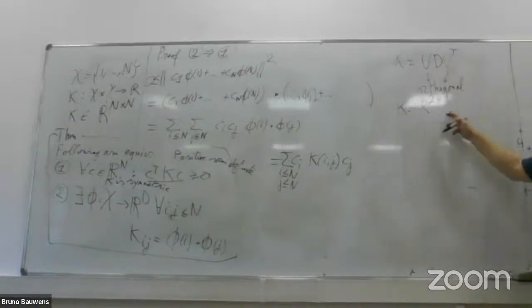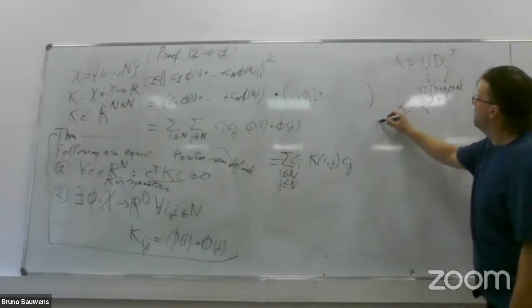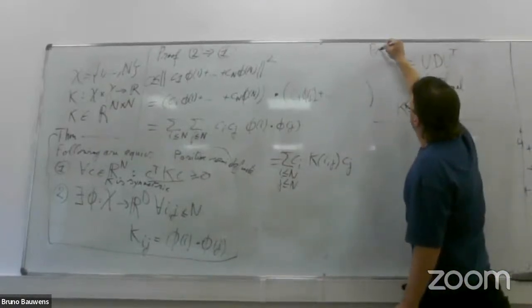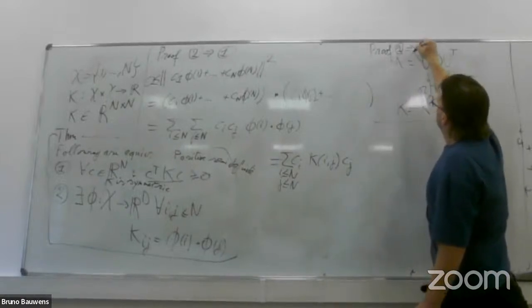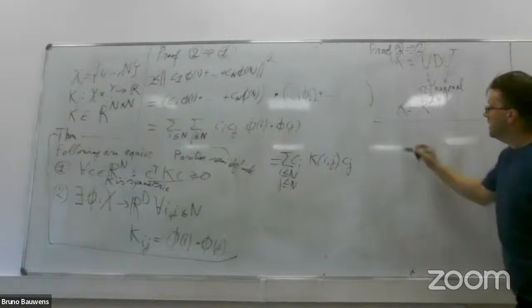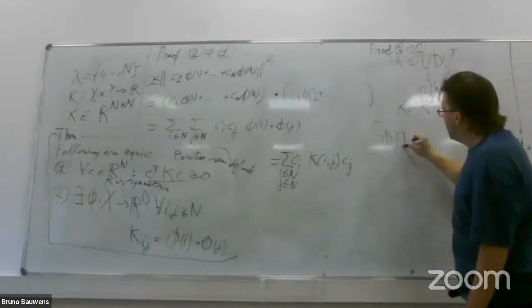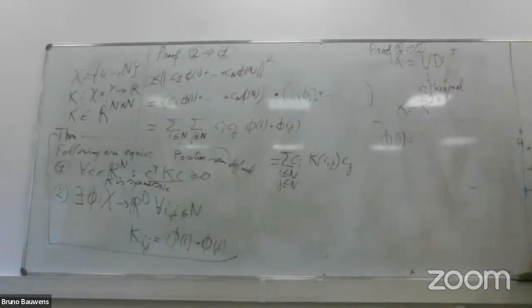So R is a symmetric matrix, and this R will provide us with the feature map. We will say that phi of i is equal to the ith column of R.